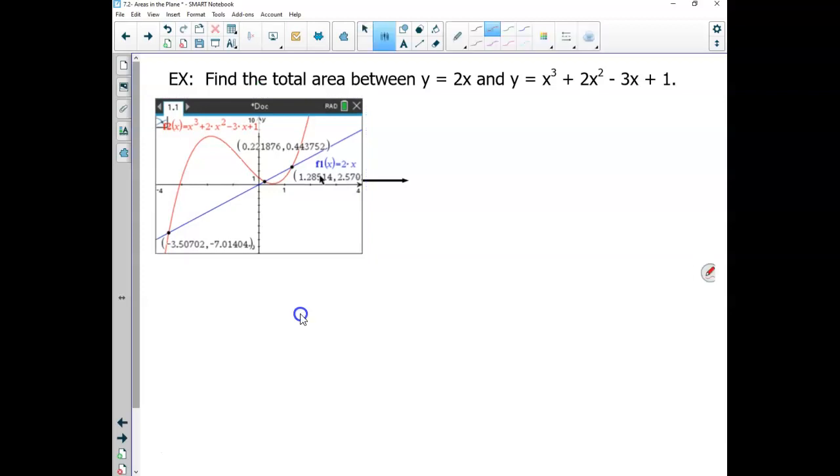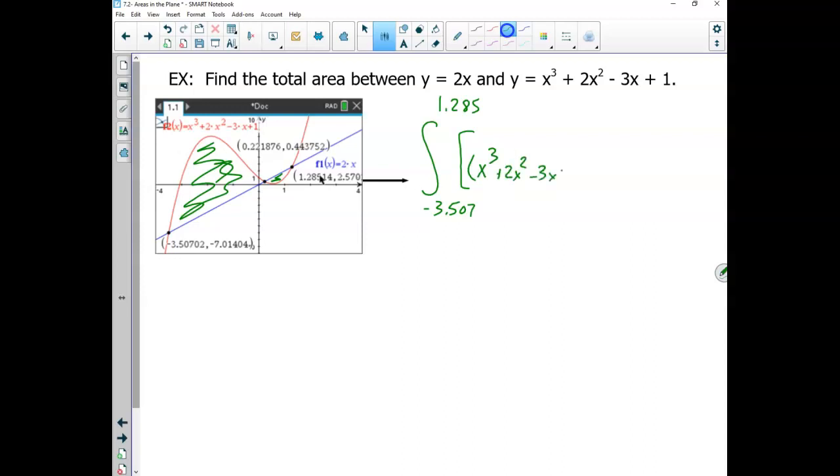And as I'm doing this, notice again, we want all this green area, and because my top curve changed, what I'm going to do is, because it's upper minus lower, if I did my integral from negative 3.507, should be what it is there, negative 3.507, and if I did that all the way over here to 1.285 of my integral in here, like my top curve, which is going to be x cubed plus 2x squared minus 3x plus 1 minus my lower curve of 2x, and I went like this with a dx.